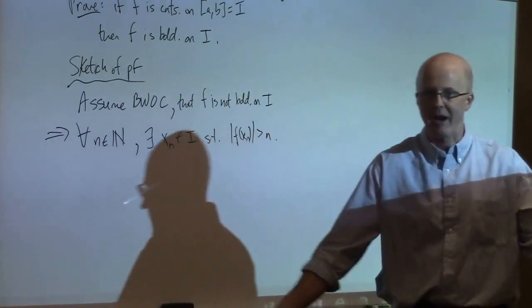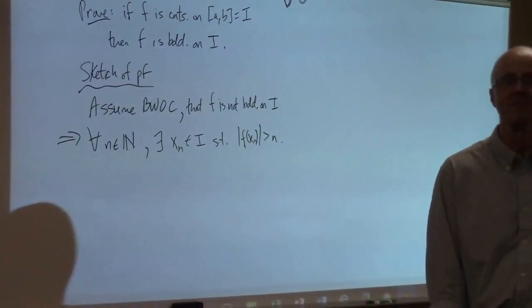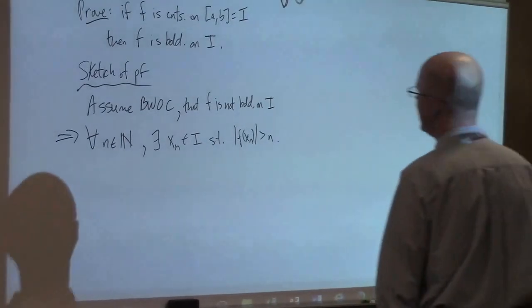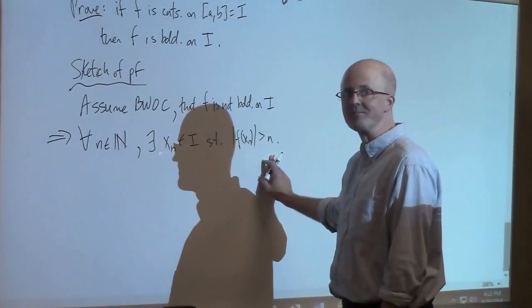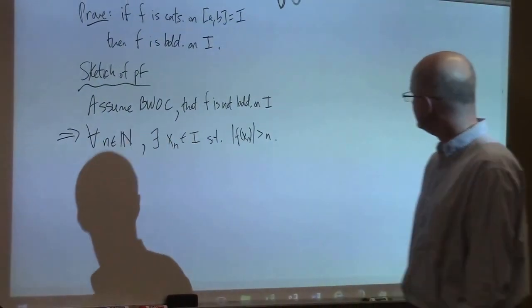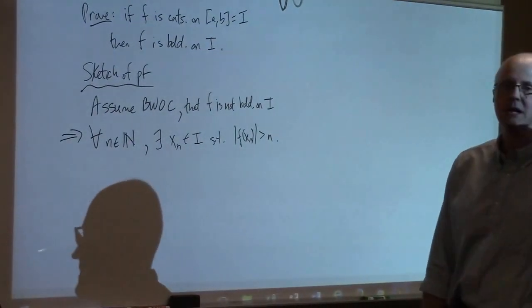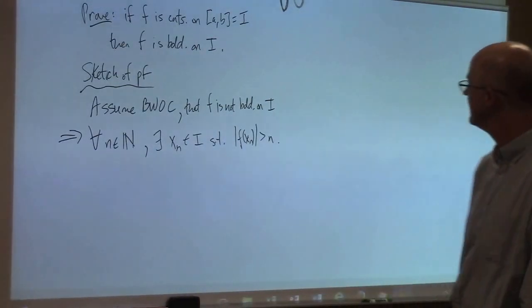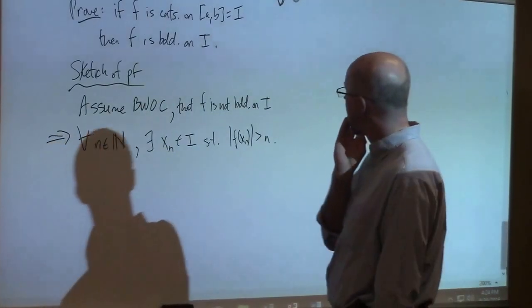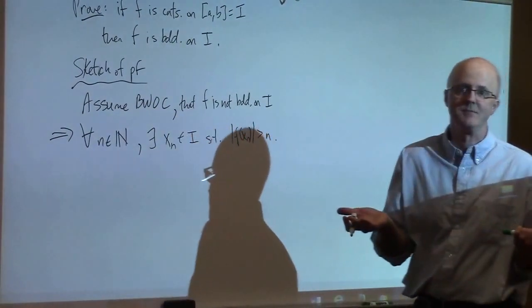N is a positive integer, which is a real number. If f is not bounded on I, there must be, for each such n, a point like this. Okay? So that's something you can conclude by negating the definition of what it means for a function to be bounded on an interval.